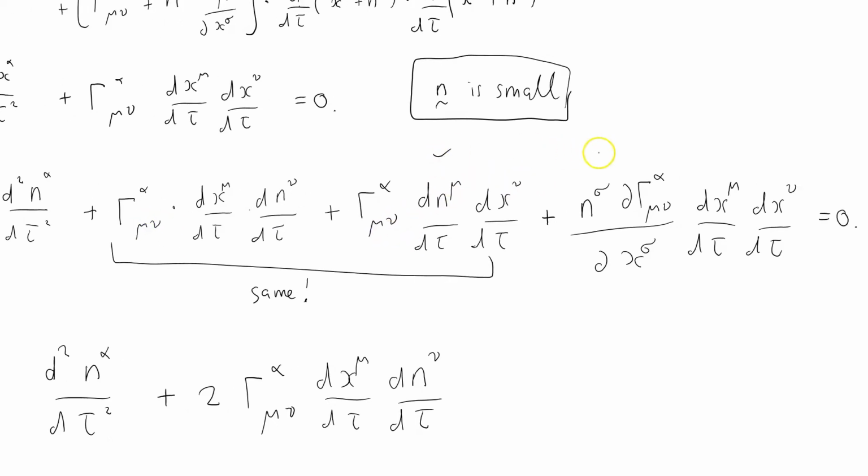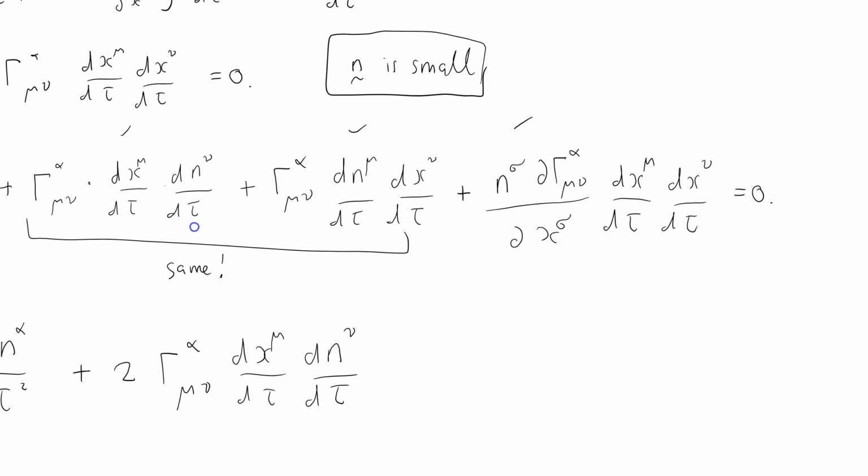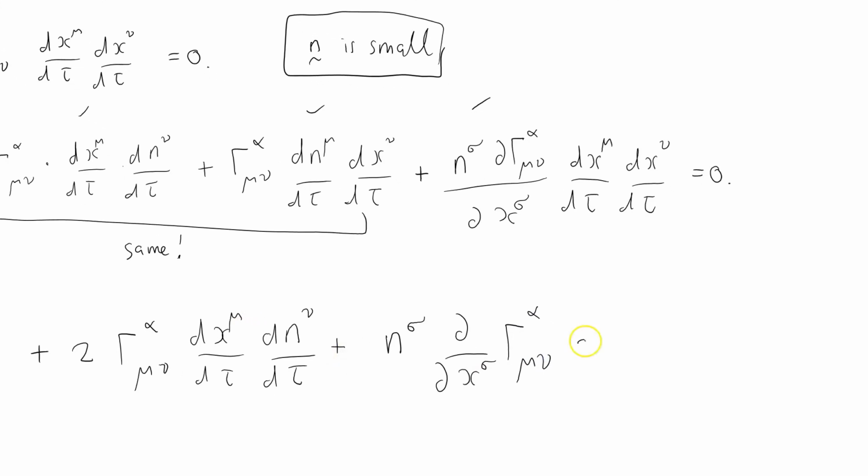So that's that term and that term done. I've got this one here, plus this last one: n sigma times the derivative of Gamma alpha mu nu by dx sigma times dx mu by d tau dx nu by d tau, and that equals 0.